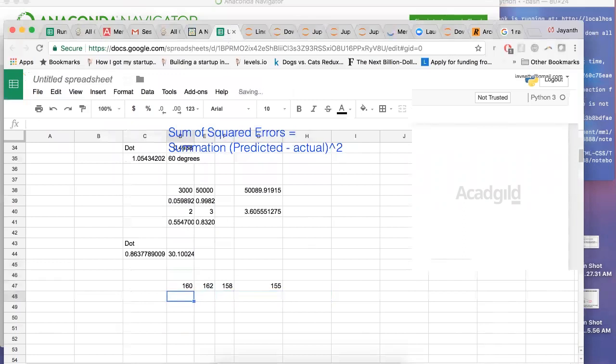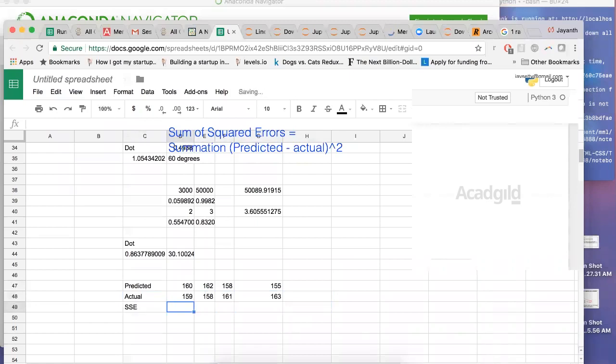By no means am I an expert, I'm just guessing randomly. So these are the four heights I predicted. This is called prediction. Now your actual heights were 159, 158, 161, and 163, let's say.